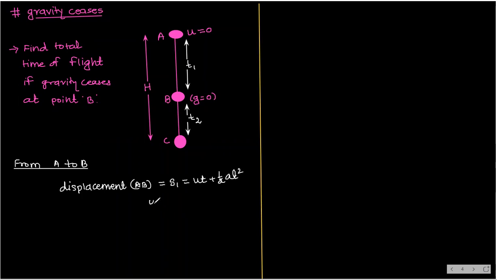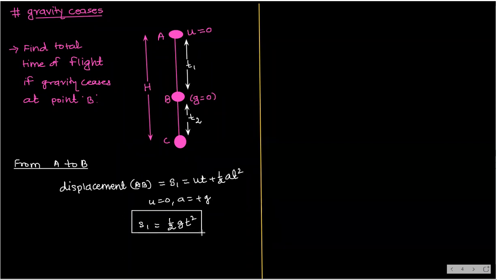So here u is equal to 0, a is equal to plus g. So what you are getting is S1 equals half g t square, because this is 0. Half g t square. Okay. Yes, no? Right. Next.